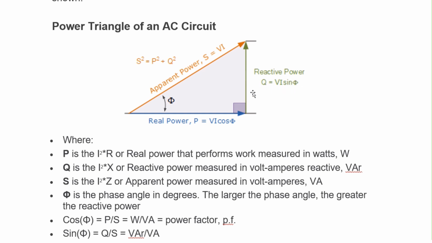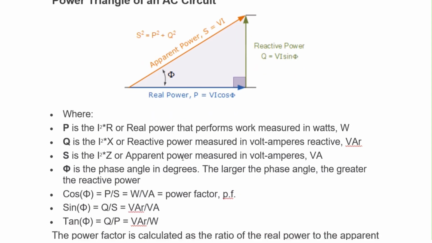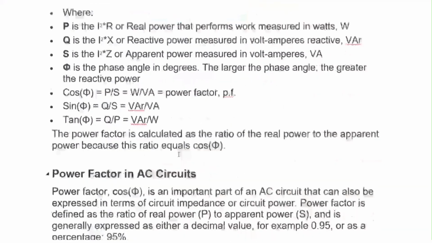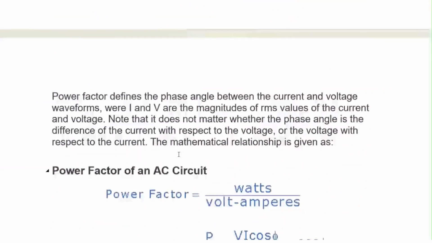This is measured in volt ampere reactive, VAR, and the real power is measured in watts, and P is equal to VI cos phi. And apparent power, of course, being the hypotenuse of this right angle triangle, is equal to S equal to square root of P square plus Q square. That's all in this video.